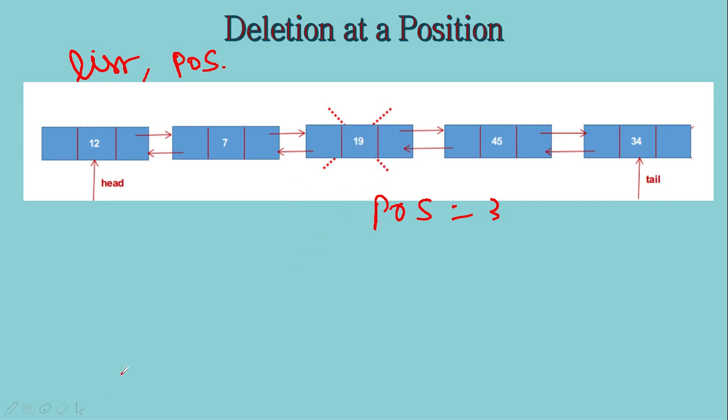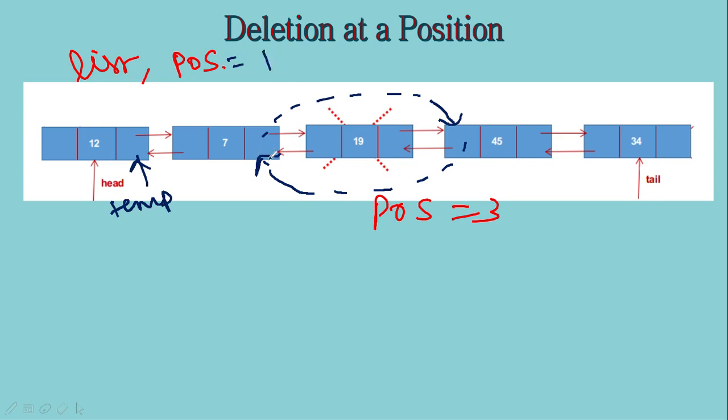So basically we want to make changes in the links also. This should be changed to this, and this should be changed to this, and this memory should be given back, right? These are all the things that we want to do. Let's have a temporary pointer for that. Initialize that to the first node, and have a counter initialized to 1.